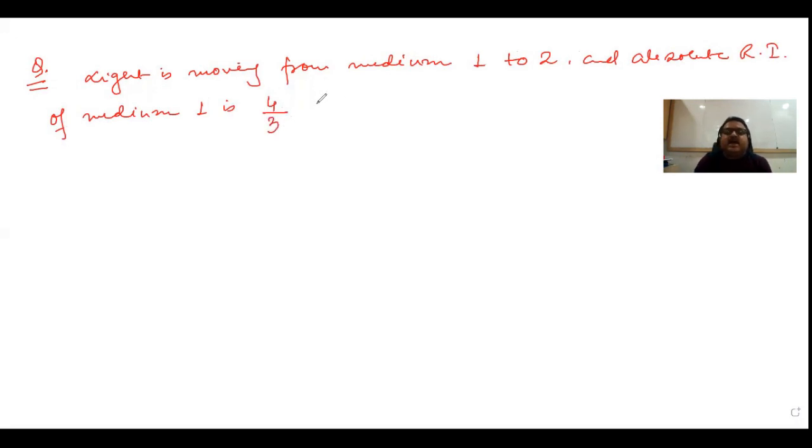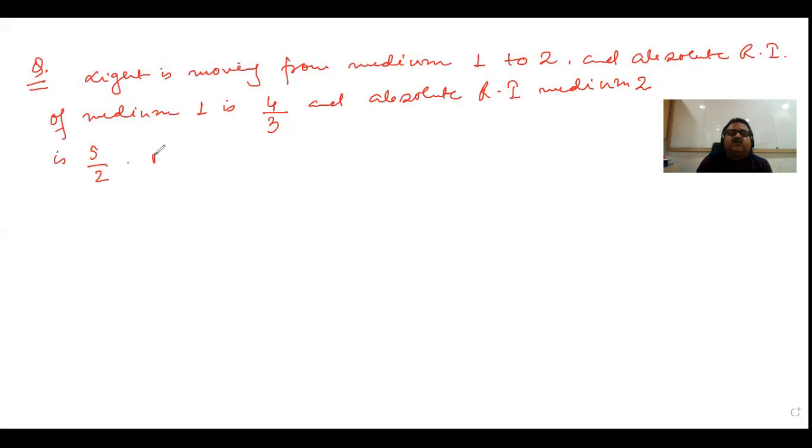And the absolute refractive index of medium 2 is, say for example, 5/2.